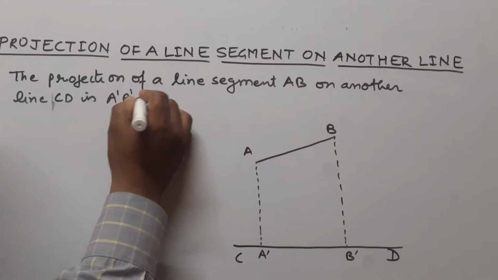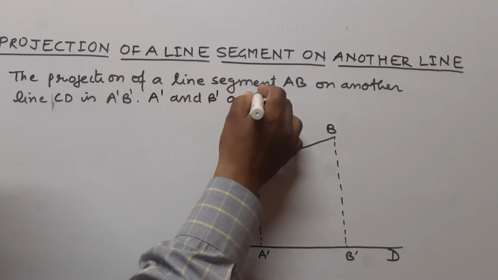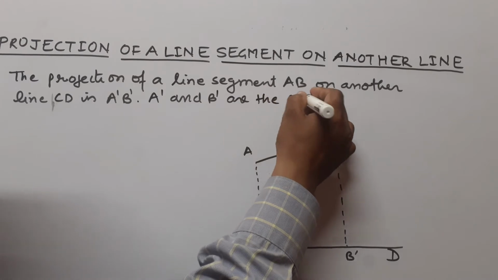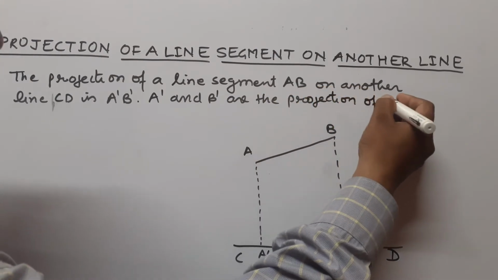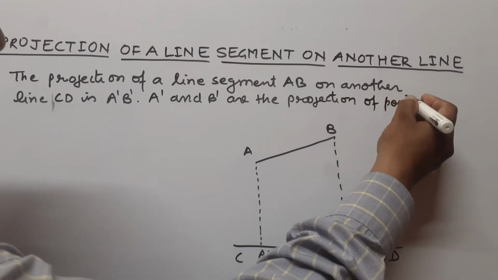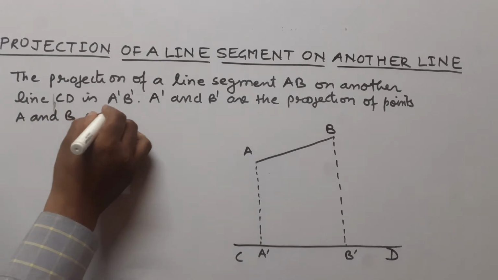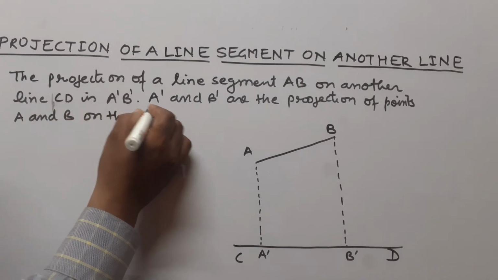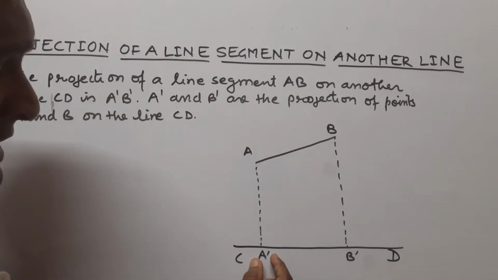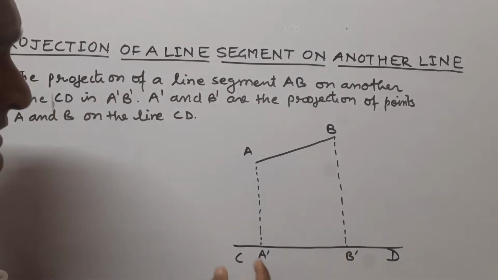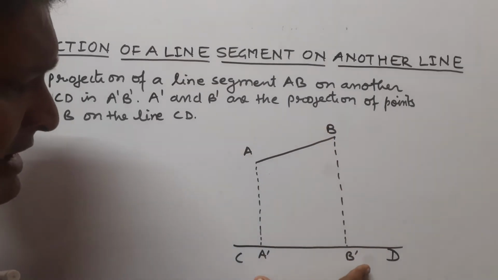Where here A dash and B dash are the projection of points A and B on the line CD. You can see that A dash B dash are the projection of the points A and B on this line CD.